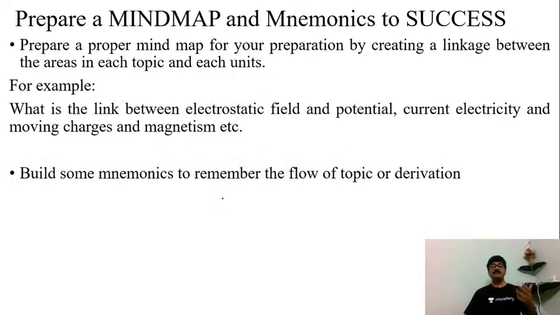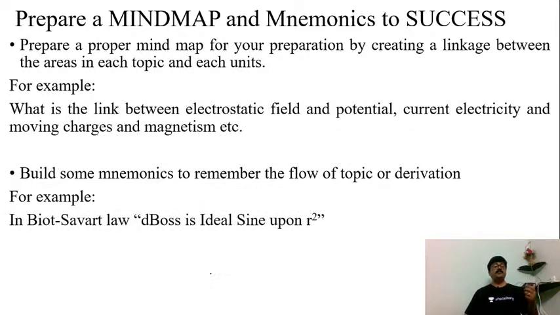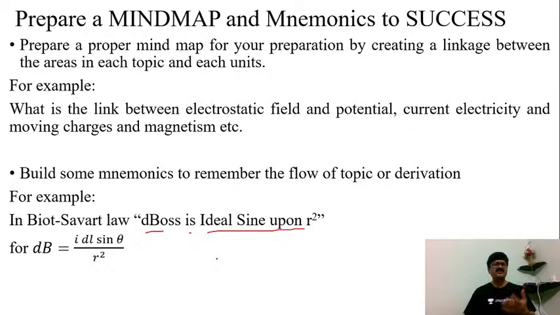Now build some mnemonics to remember the flow of a topic or derivation. For example, in Biot-Savart law, you just remember dB is equal to I dl sin theta by r square. This is the mnemonic I'm talking about. You just work out some mnemonics. Then you will come out strongly in this.